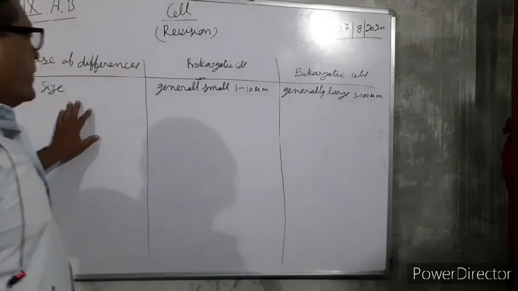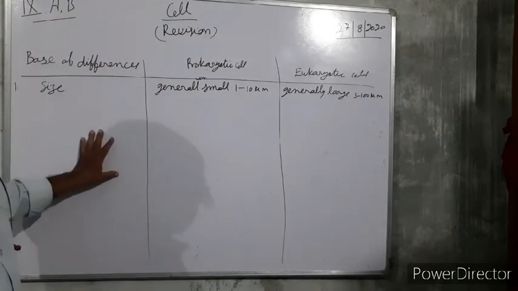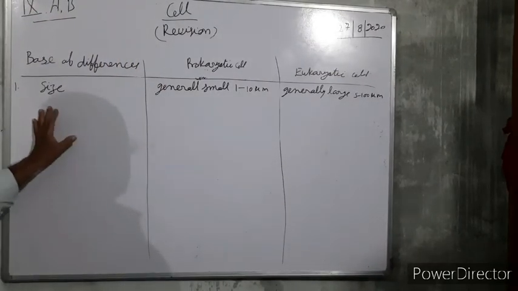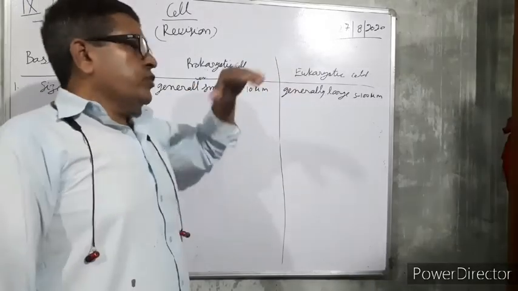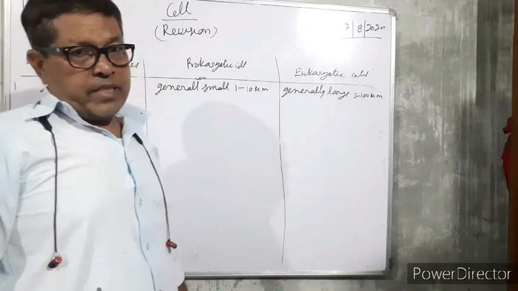So this is the difference on the basis of their size. Prokaryotic cell is smaller than the eukaryotic cell.